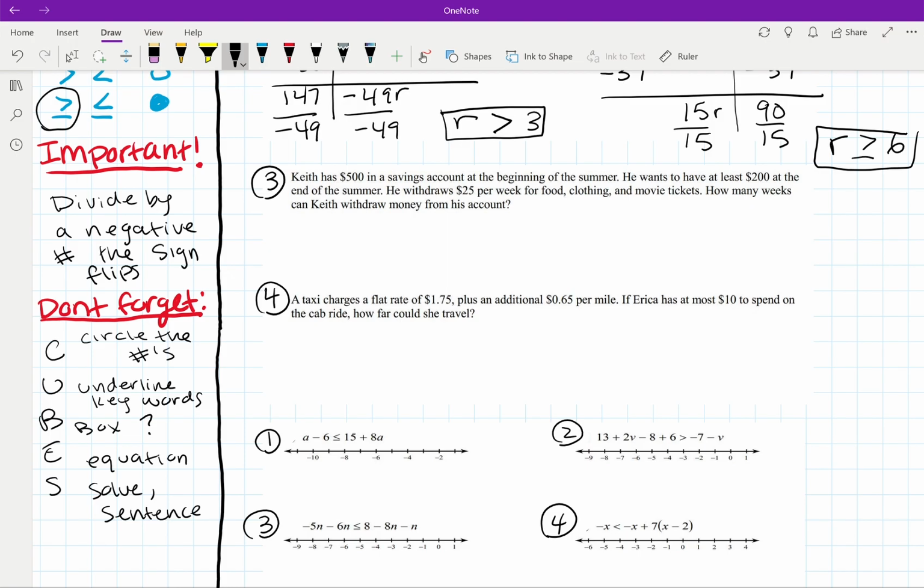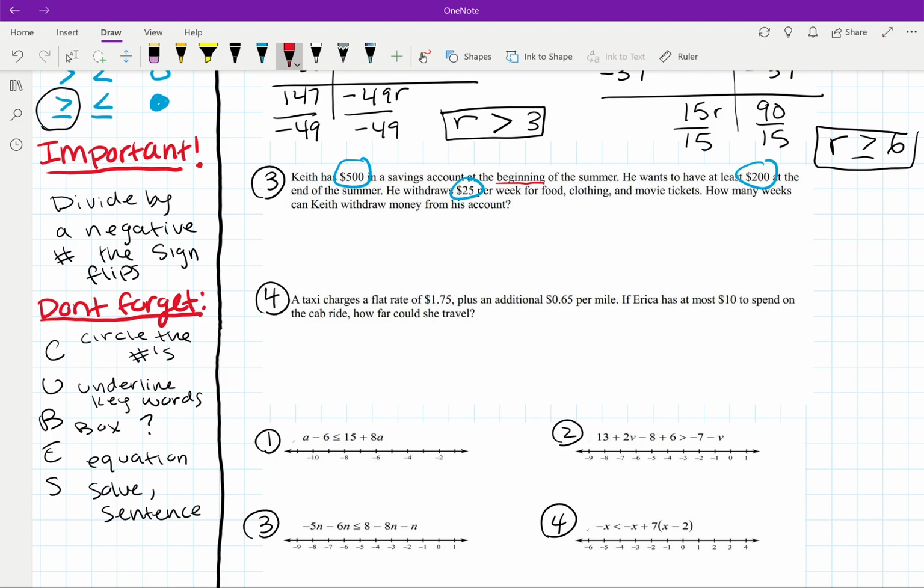Okay, remember CUBES. The first part of CUBES is circle all the numbers. So I'm going to go through and circle all the numbers. I have 500, 200, 25. Then I'm going to underline some keywords. It says Keith has $500 in a savings account at the beginning of the summer. Beginning means something that he started with.